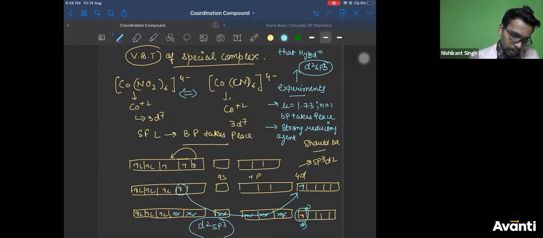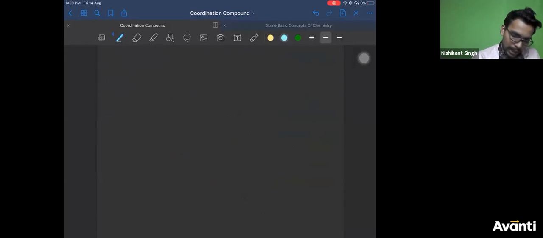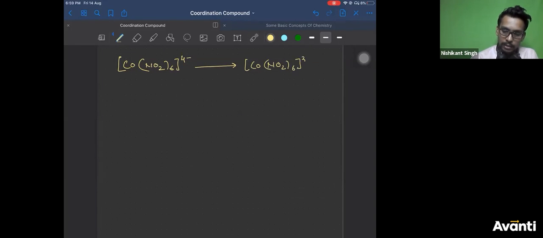We observed whether Co(NO2)6 4- can lose an electron and get converted into Co(NO2)6 3-.